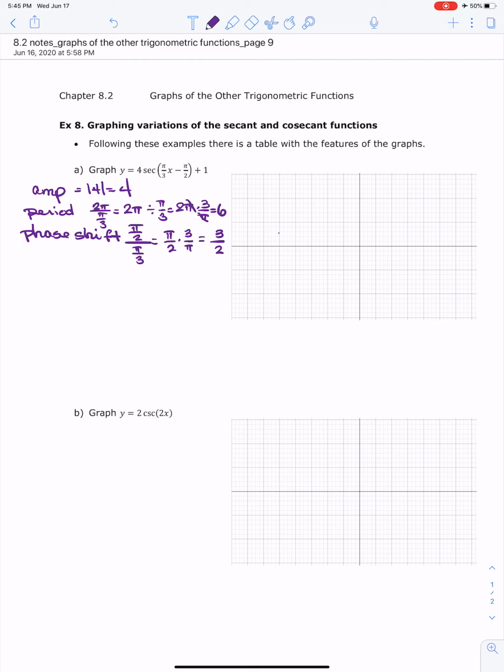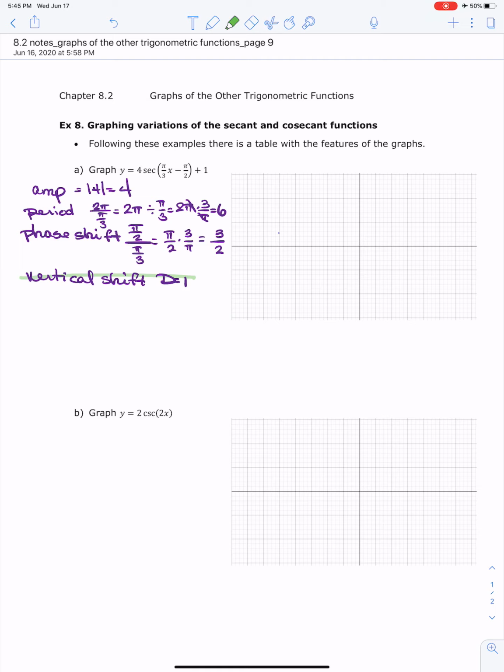Notice that in the equation it's minus pi over 2, so that makes C a positive pi over 2. So we have a phase shift of 3 halves. We have a vertical shift of 1.